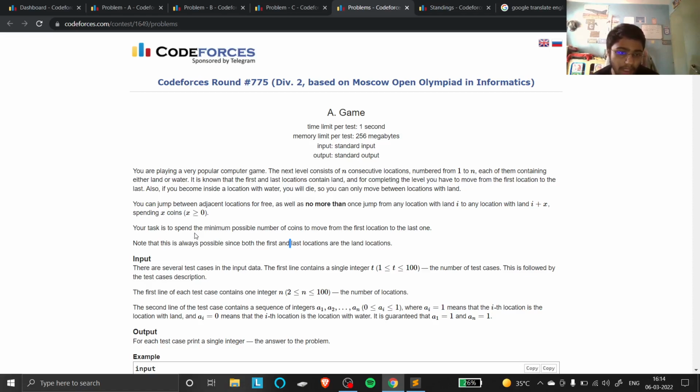We spend the minimum possible number of coins to move from the first location. Minimum. He's asking for the minimum.